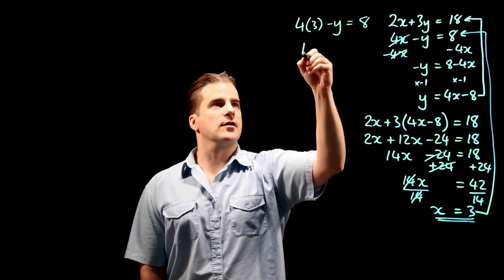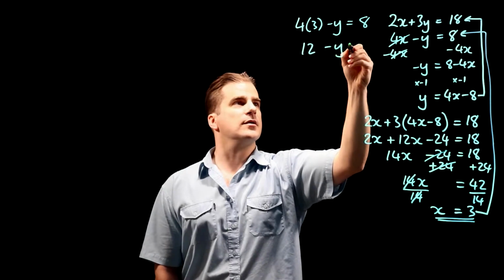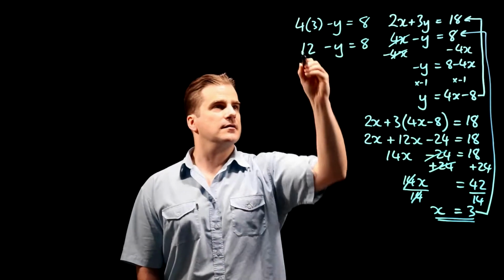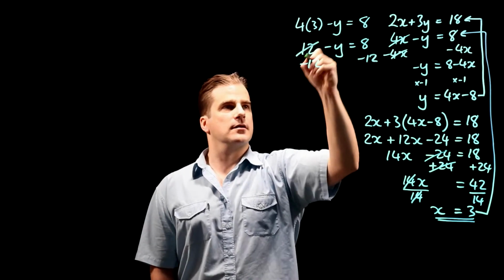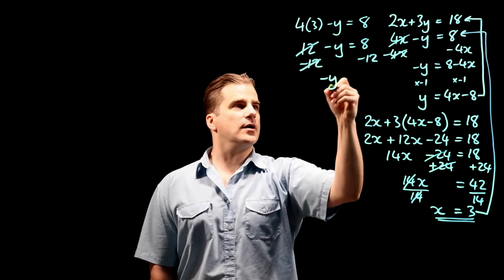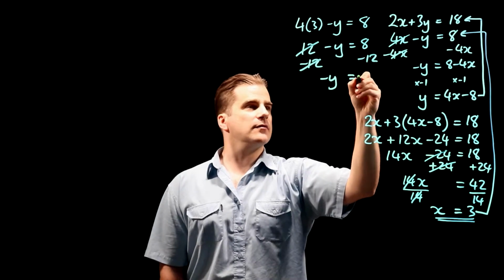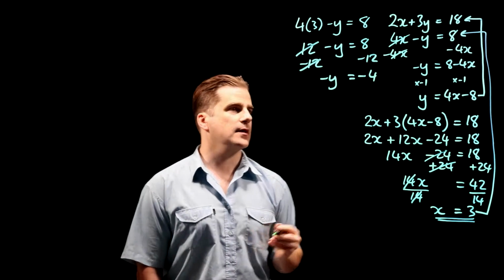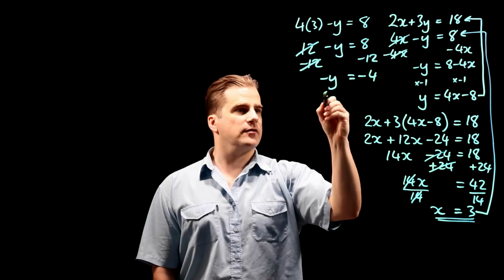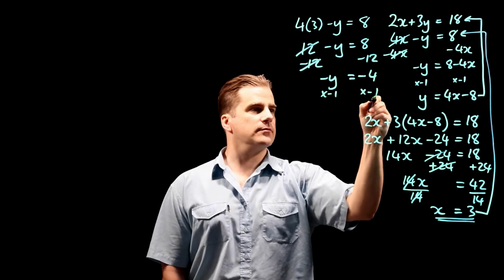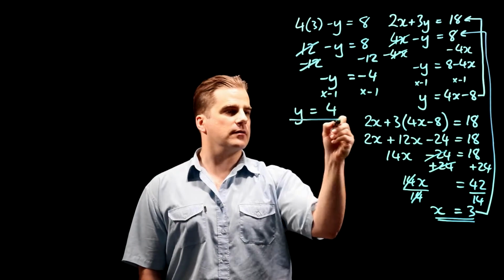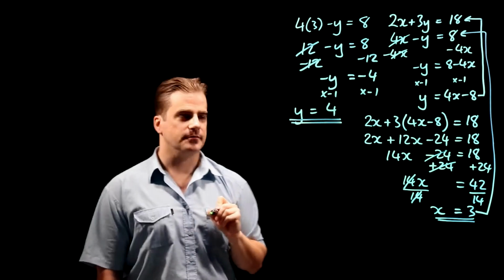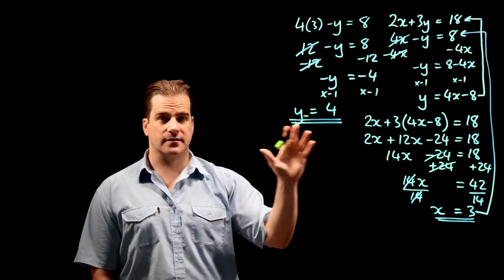Multiply out the bracket, 4 times 3 is 12, minus y is 8. Take 12 over there by subtracting 12 from both sides, and we get minus y. 8 minus 12 is minus 4. Make both sides positive by multiplying by minus 1, and we get y equals 4. Done it! So that's the substitution method.